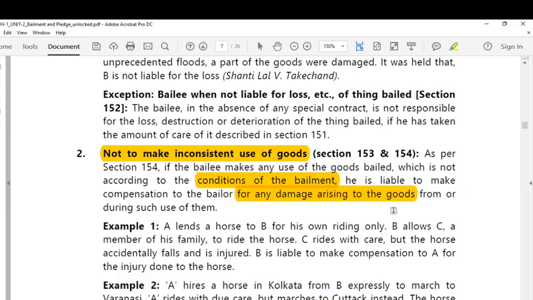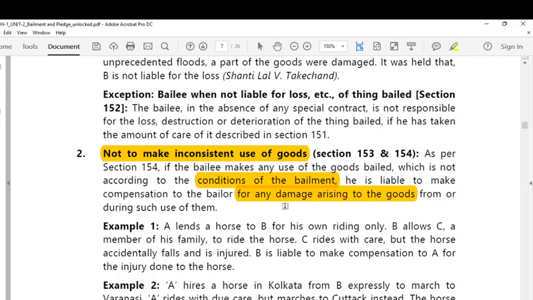Isn't it? Say for example, if you have given your new clothes to a laundry, and the laundry person, instead of doing the laundry, was wearing the clothes and making unofficial use of them, and some damage happened to your clothes, then what will happen?